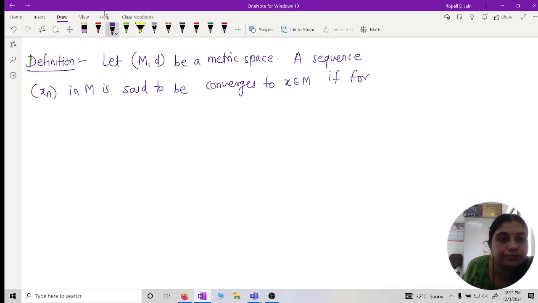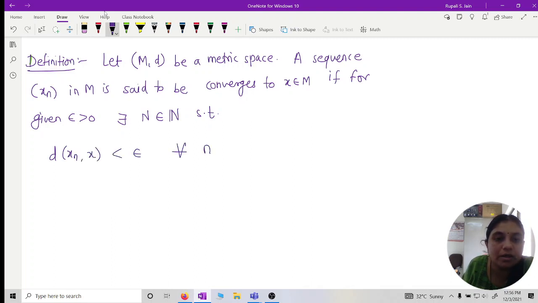If for given epsilon greater than 0, there exists a natural number N such that the distance between xn and x is less than epsilon for all n greater than or equal to this capital N. Is that right?